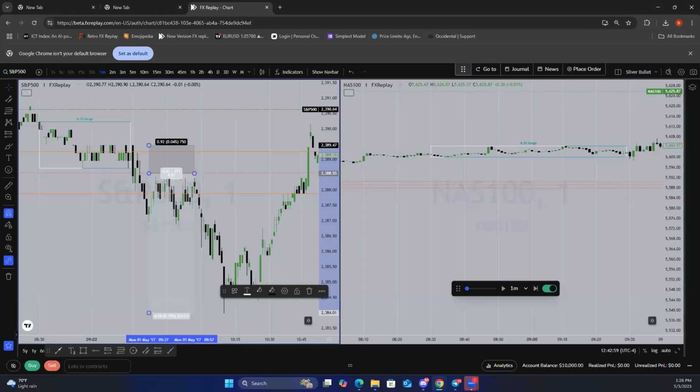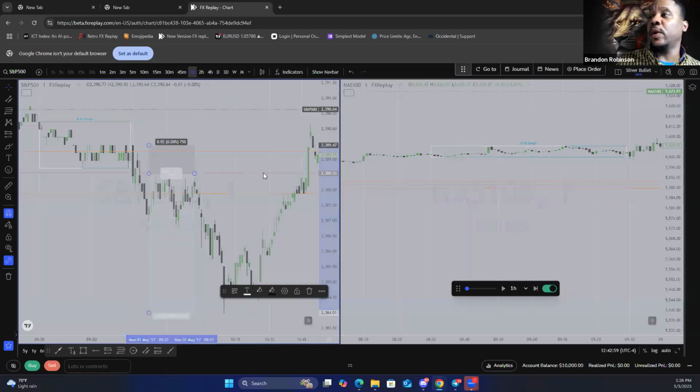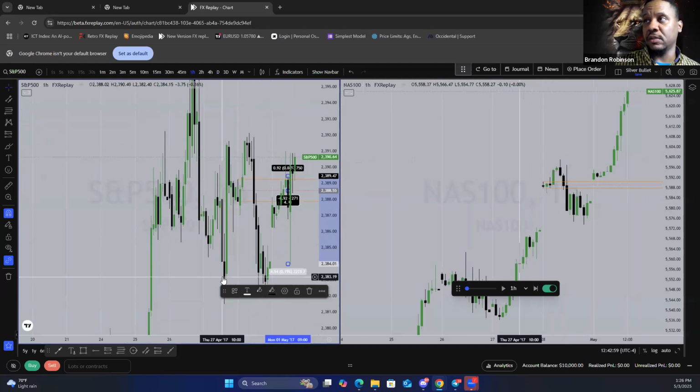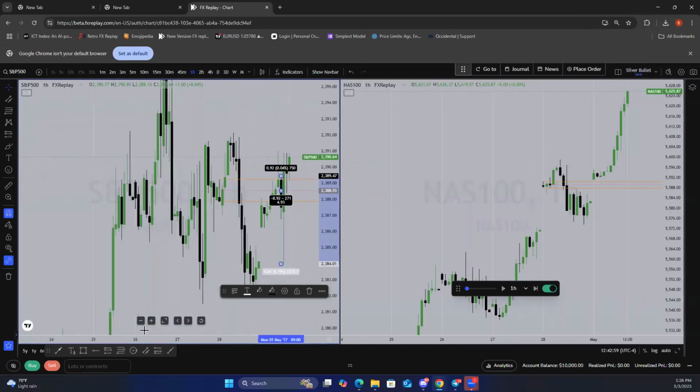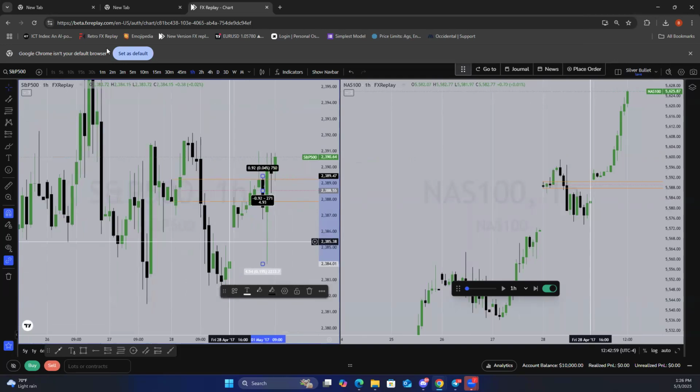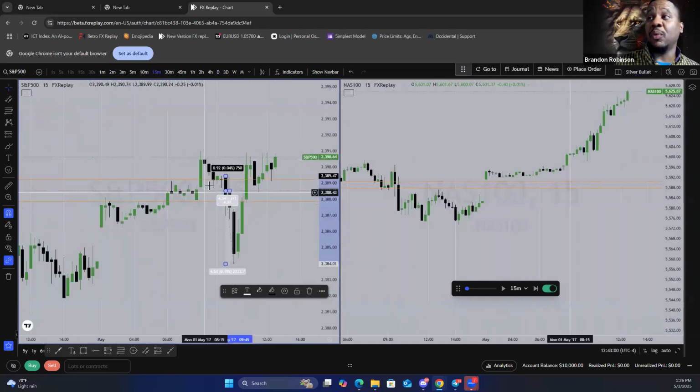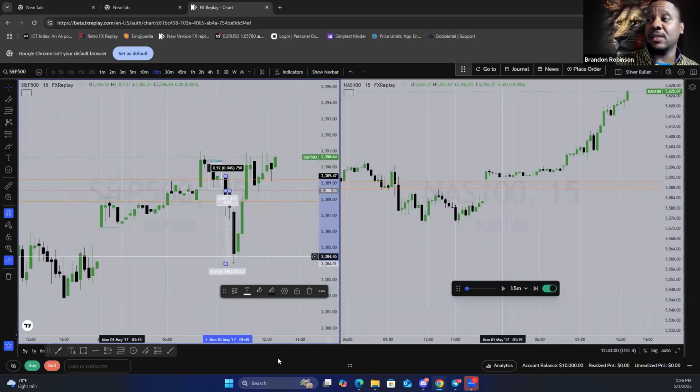So we got liquidity pools, liquidity voids. On here, do you see where the liquidity void is? Even though it's called something different, it's still the same function. Yep, right here, this is the liquidity void. Let me drop down to the 15-minute. We got price dropped down into this.